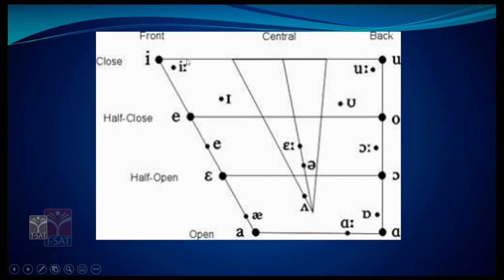So we can give a three-term label to this. i: is front close unrounded, whereas u: is back close rounded. So in this way we can give three-term labels to all the vowel sounds here.